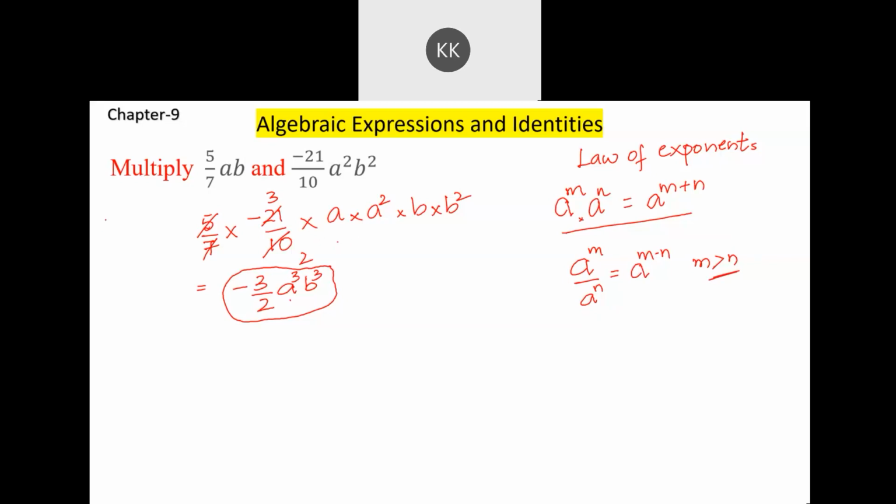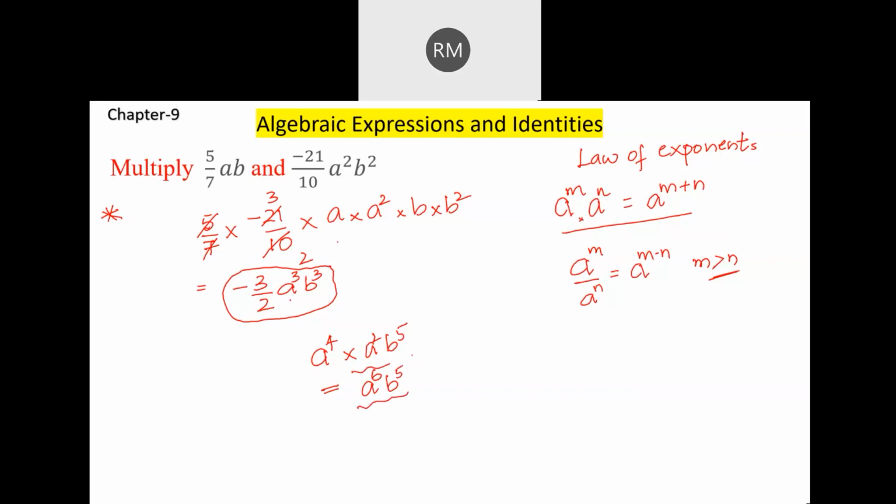Why is this concept very important for us? Because you are going to use identities and simplify. Sometimes there is a multiplication of a to the power 4 into a square b to the power 5. What will be the result? a to the power 6 into b to the power 5.